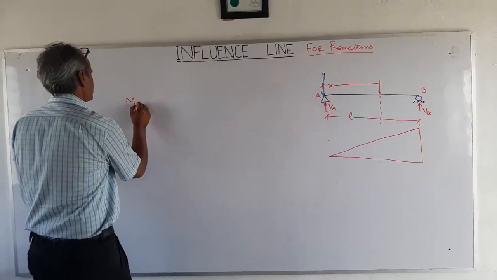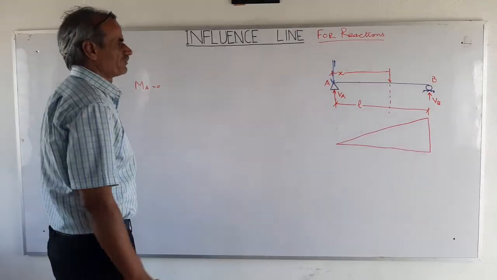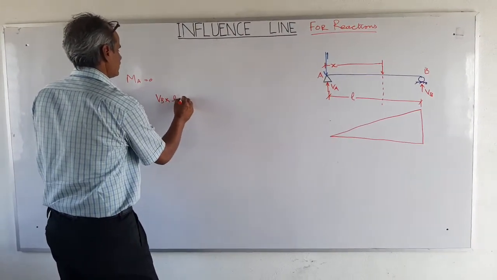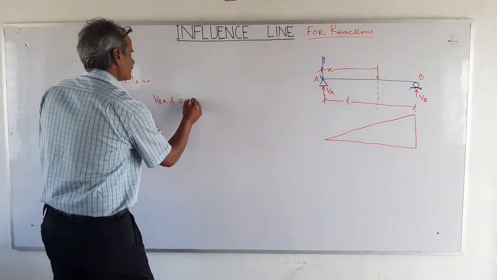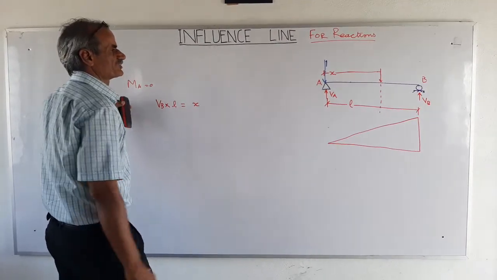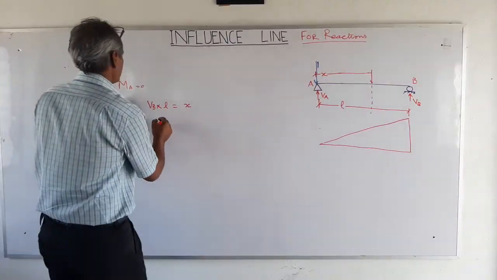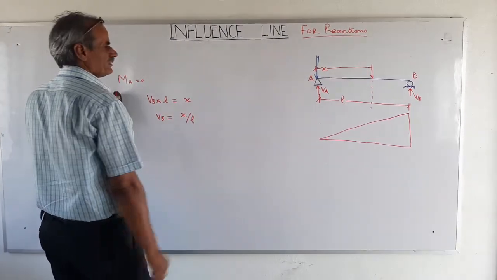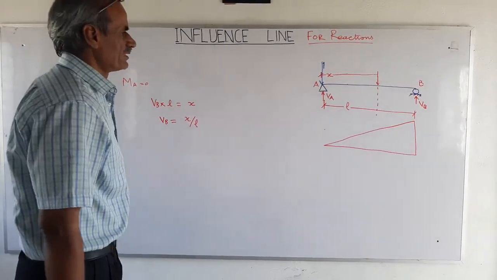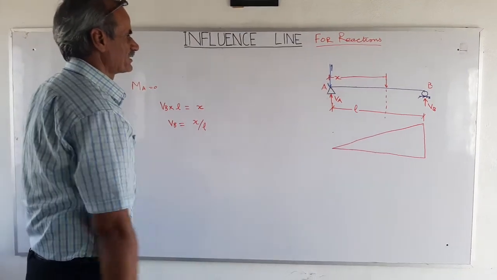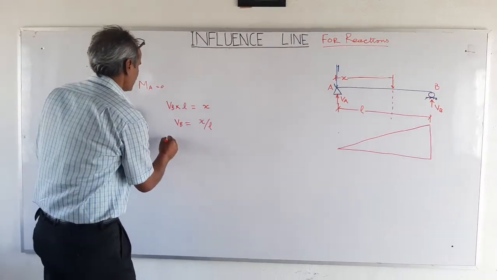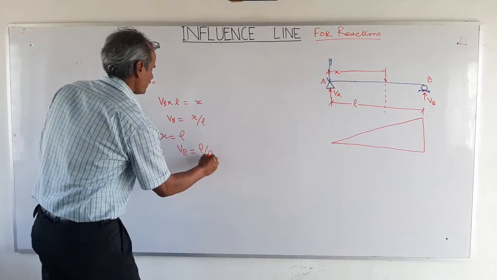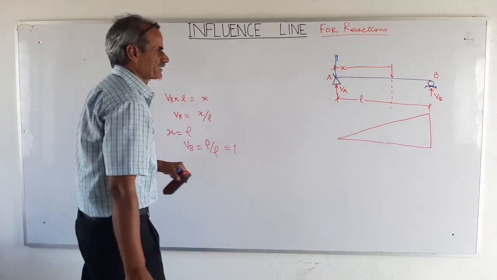Taking moment at A is equal to 0, it will be very simple that VB into L is equal to X distance multiplied by 1, and VB will be equal to X over L. And over here, when it is at B, at rightmost spot, that is X is equal to L and VB is equal to L by L is equal to 1, which is the case over here.